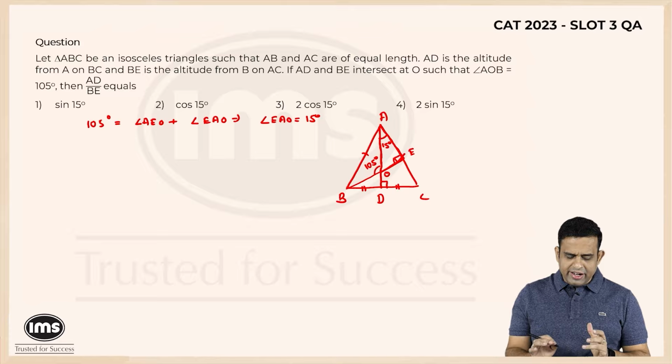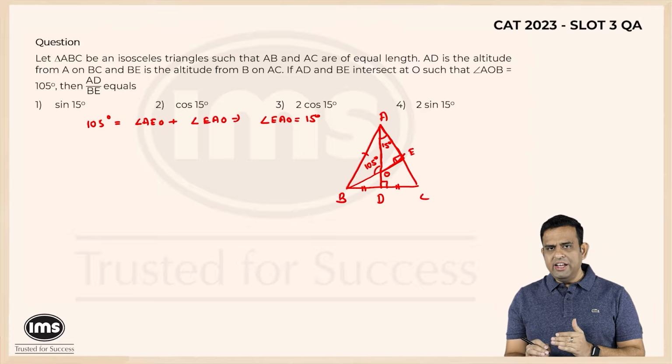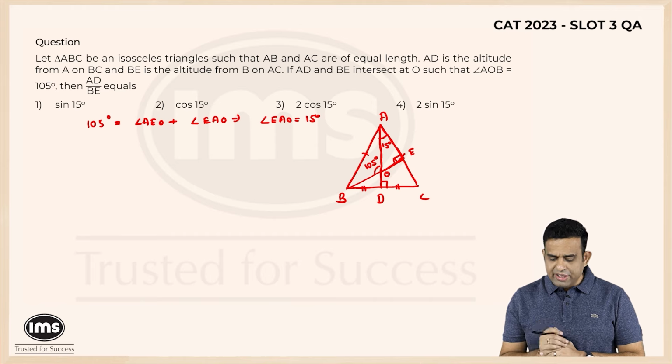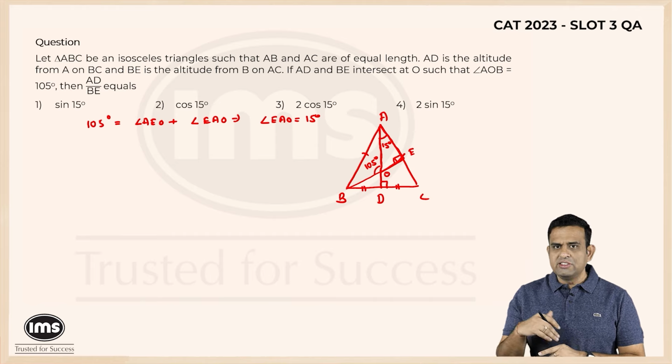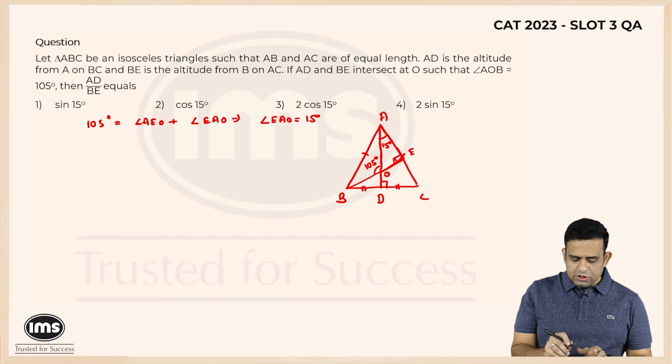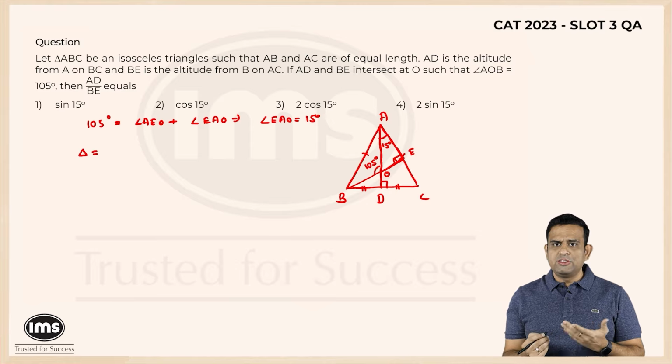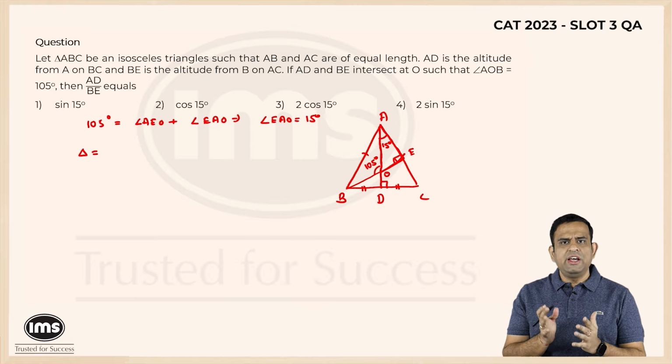The target is to find out AD and BE. So AD is the height of the triangle when BC is the base. BE is the height when AC is the base. So one can say that the areas are equal. Whether we take BC as the base or AC as the base, the area has to be the same.